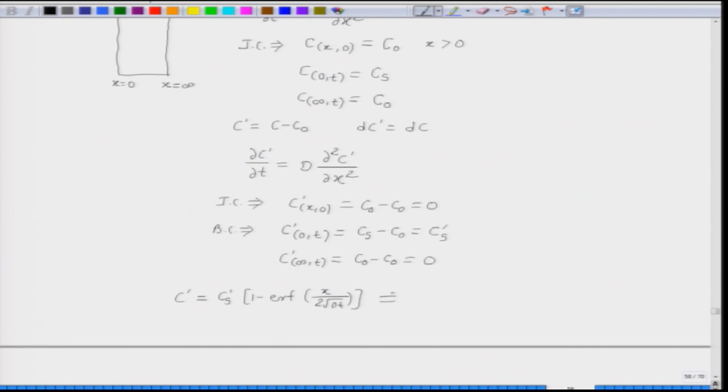If we substitute for C prime, it takes the form C at any x and t minus C naught, divided by C s minus C naught, is equal to 1 minus error function of x over 2 root Dt.